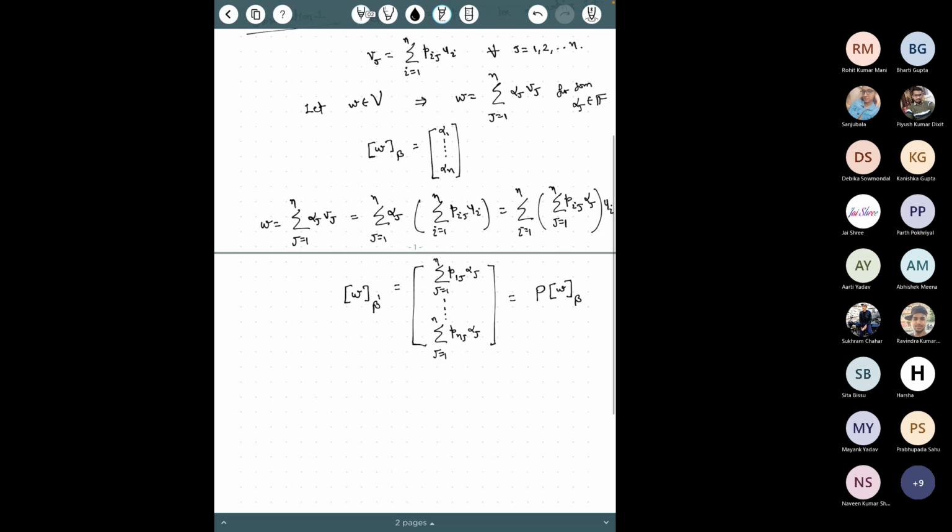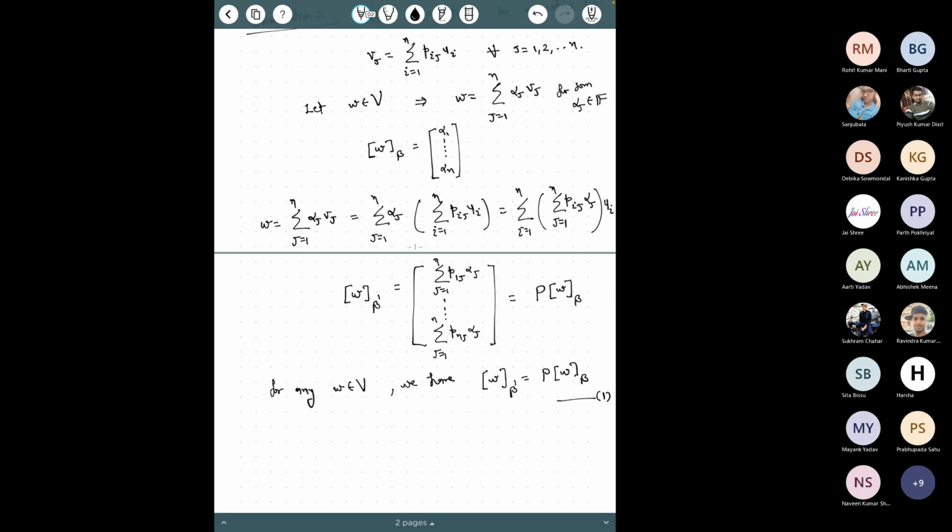So what we can say from this observation is that for any W in V, the matrix of W with respect to B dash is equal to P times the matrix of W with respect to B. Let us denote it by equation 1.